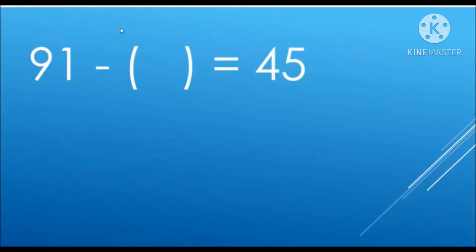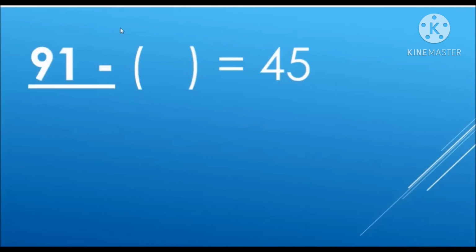Now let's try the last equation. 91 minus missing number is equal to 45. Now let's look for the first two. What are the first two for this equation? The first two for this equation are 91 minus, and it is still not a bracket minus. So if it's not a bracket minus, how do we find the missing number?